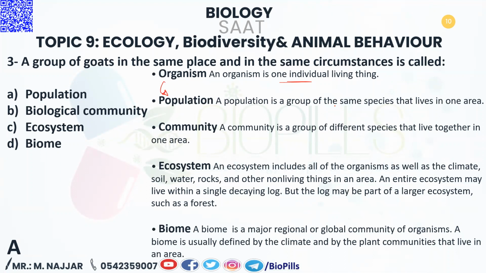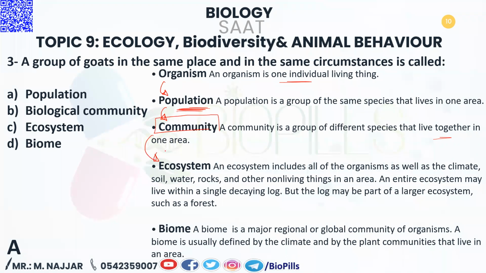A group of the same species that lives in one area is a population, and different species that live in a particular area together make a biological community. A community is a group of different species that live together in one area, and different communities make the ecosystem.